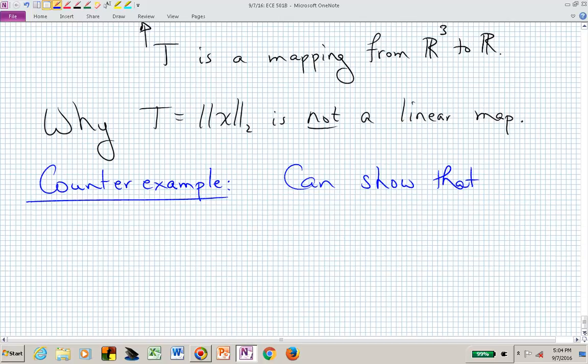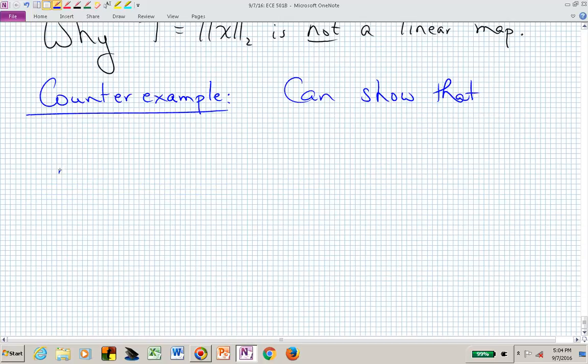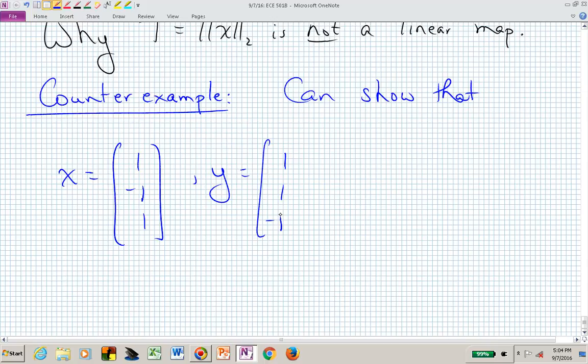And that counterexample is that we can show, let's say that one vector in R3, x, is (1, -1, 1), and y is (1, 1, -1).